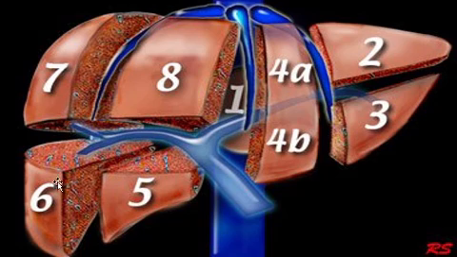The 6 and 7 are posterior, while 5 and 8 are anterior. Some people like to be confused in these segments, because here it is 5, here it is 6, so the 6 and 7 are posterior.